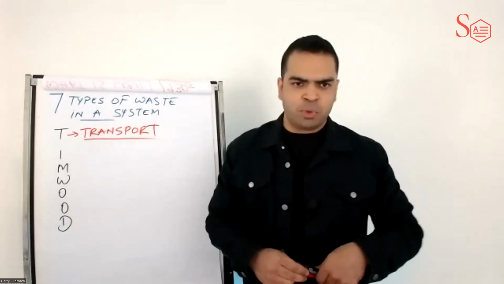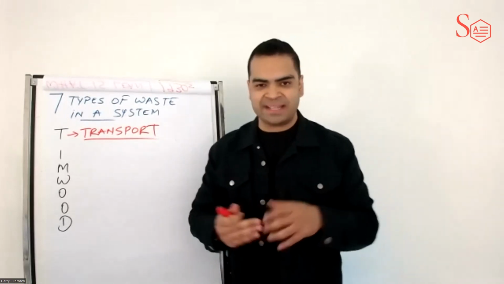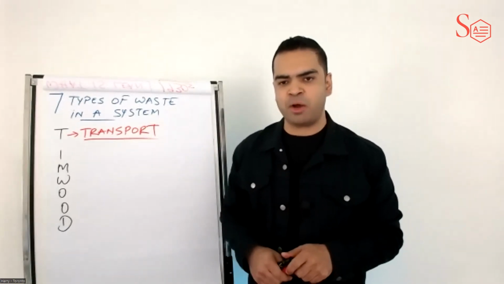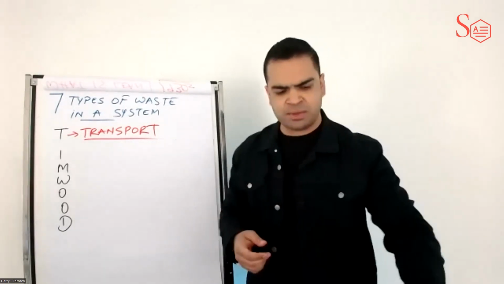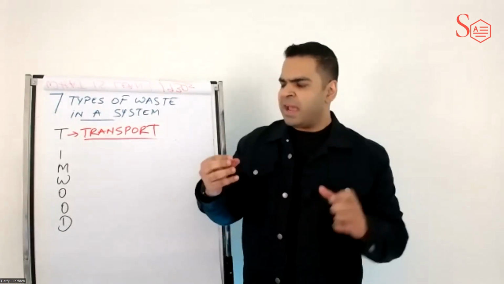Let's talk about transport. Transport refers to excessive movement of goods and services in a system. So here's a question for Dave, if that's okay, Dave. Dave from Buffalo. Dave, have you ever seen this happen?